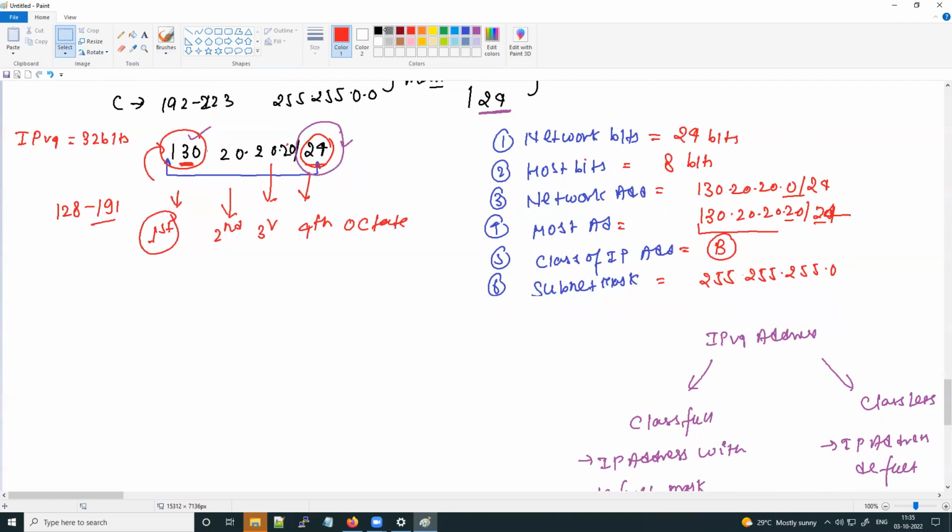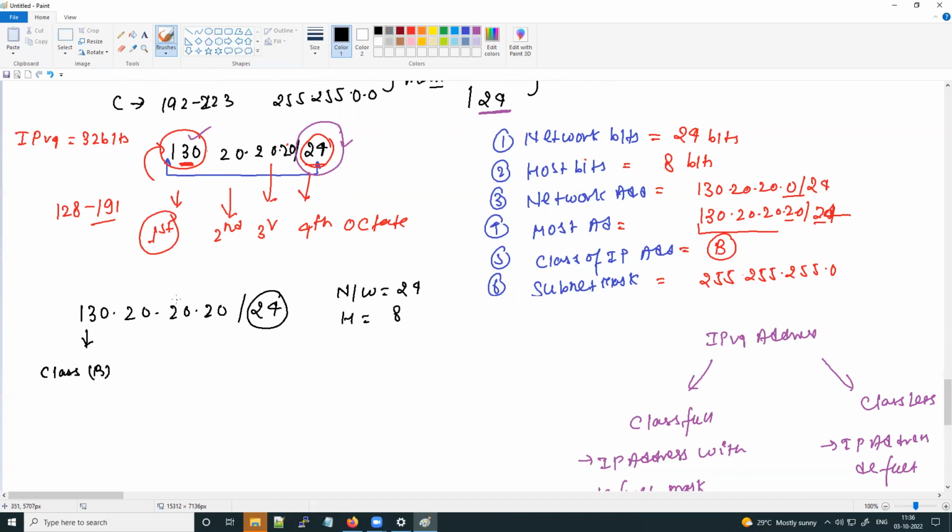If you see any IP address, let's take the same one: 130.20.20.20/24. The first part tells the class of the IP address, which is class B. The /24 tells the number of bits on the network side: 24 network bits, and the host bits are 8.